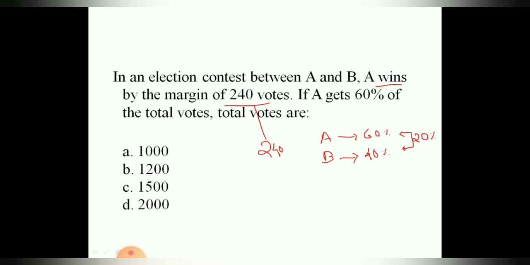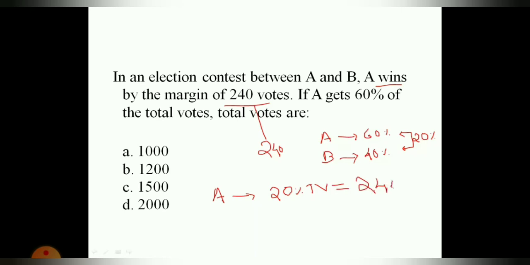Which means 20% of the total votes is equal to 240. That is the winning votes of A, equal to 240.